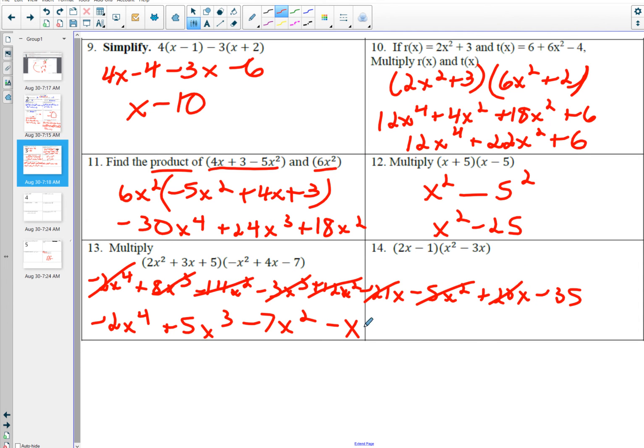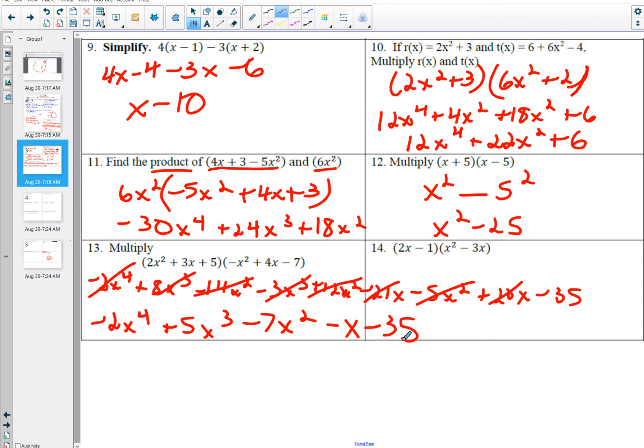And then finally the negative 35 just drops. Here, this is the negative 21x. I got that from doing 3x times negative 7.